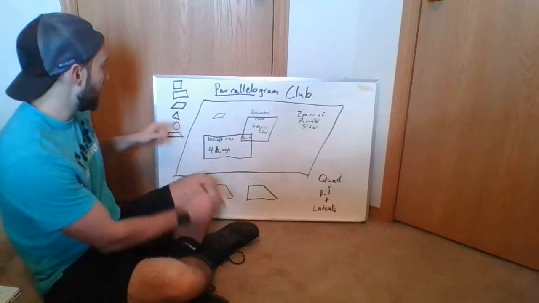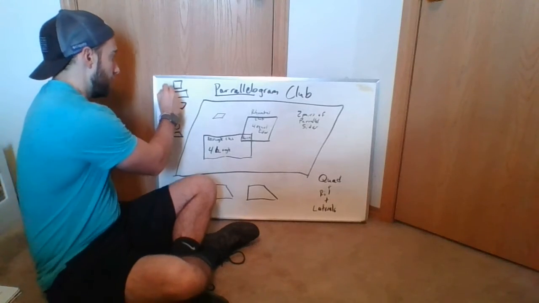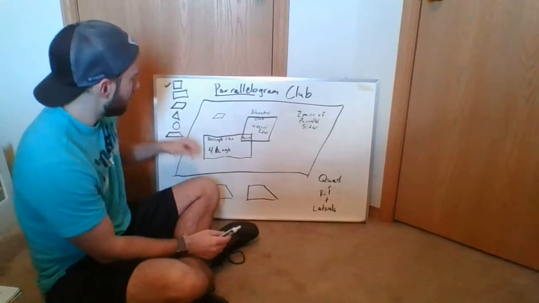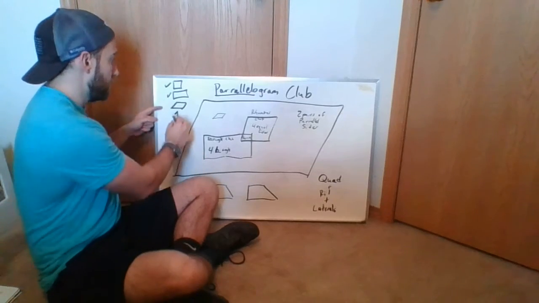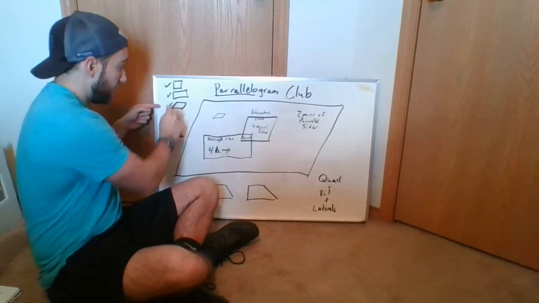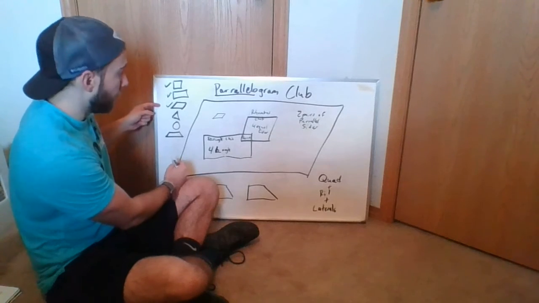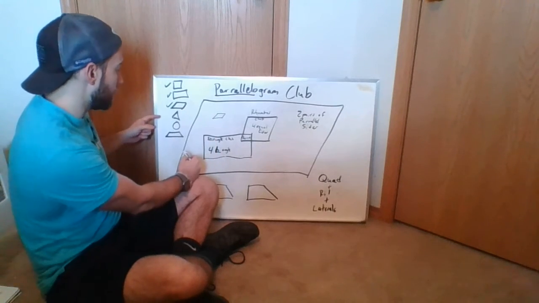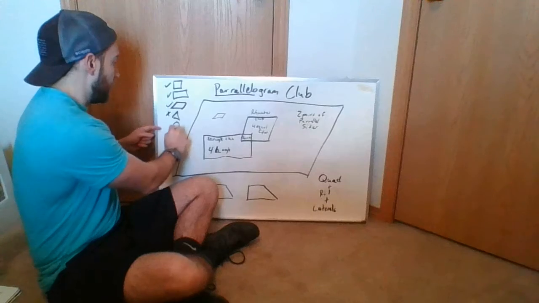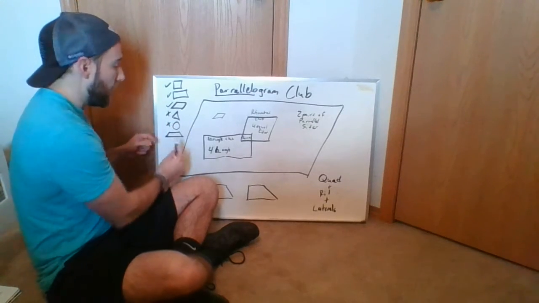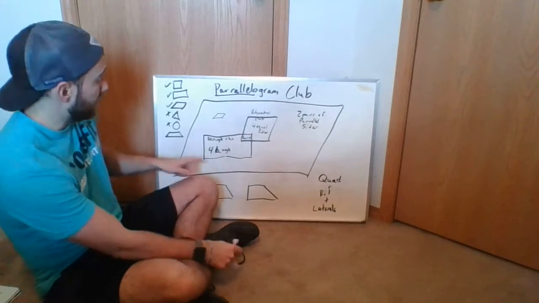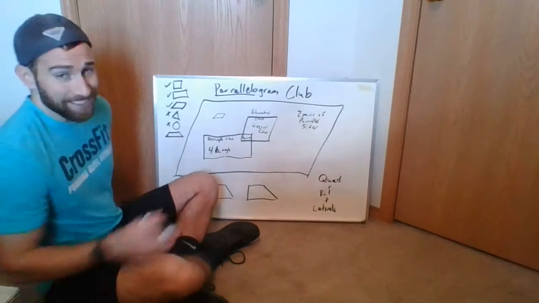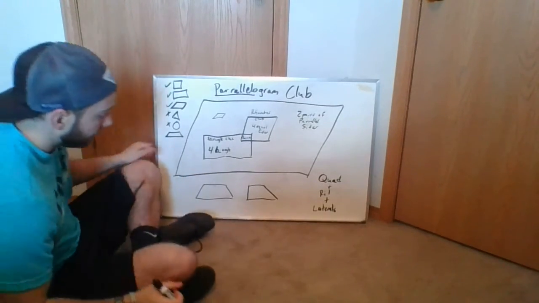So looking at our shapes, a square is a parallelogram because it has two pairs of parallel lines. Our rectangle is also. Our parallelogram or rhombus is as well. Triangle and circle are not, but a trapezoid, that gets tricky. In this case, a trapezoid is not, and here is why.